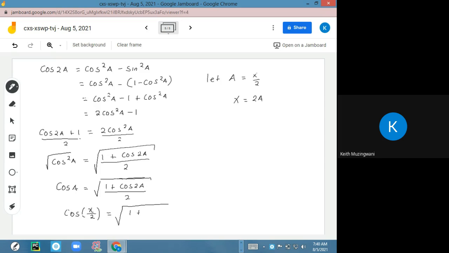This is 1 plus, where there is 2a, we have x over 2. So have you seen the difference between cos and sine half angle? So this is the cosine half angle.